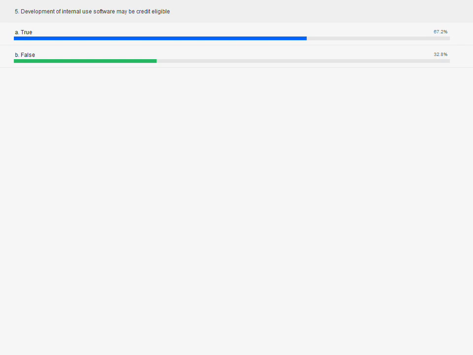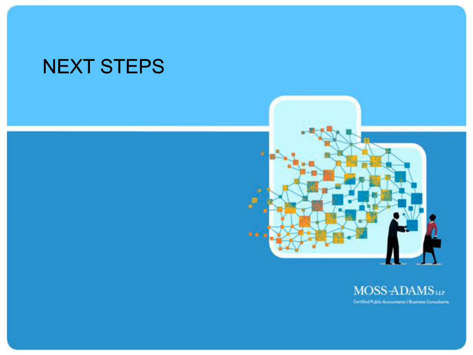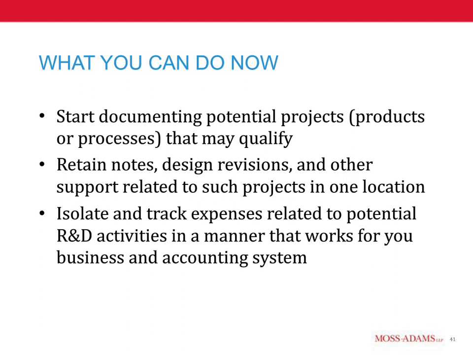Great. And now to wrap things up, Tom, why don't you take us through what we can be doing now? Great, yeah. So the big area, as has been mentioned a number of times, is just start documenting the potential projects, the products or the processes that may qualify. Get into a mindset of let's capture information on those things. Even if you're not using the credit immediately, saving that information is going to be invaluable in the future.